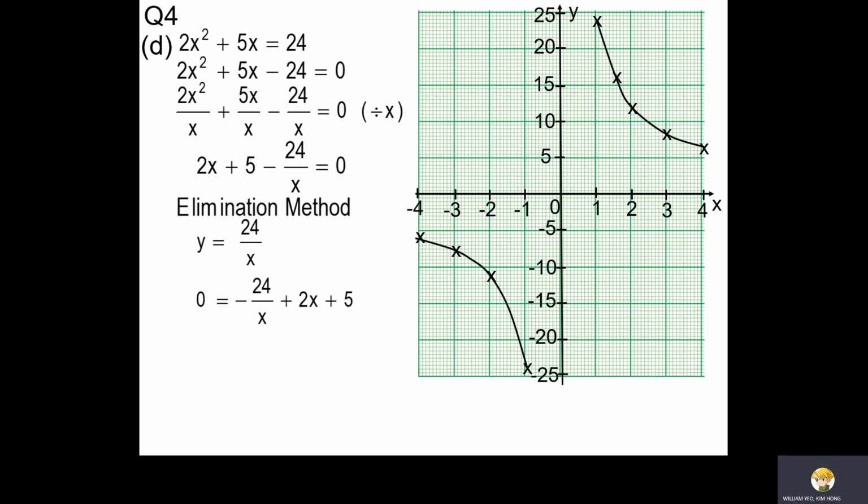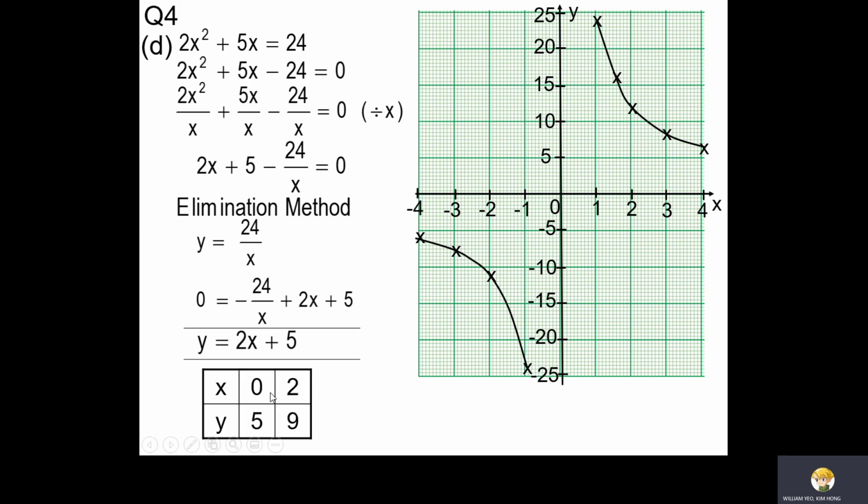Write the equation in part A. This one, 24 over x. This is what you get. Remember, 0 on the left, this one on the right. Here, same or different sign? Positive, negative, different. So what do you do? Plus. If you plus, this and this cancel, this and this 2x, this and this 5.